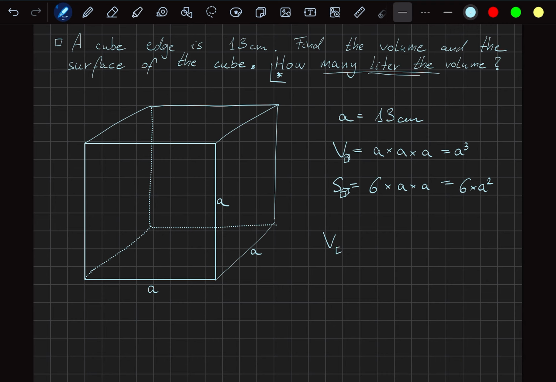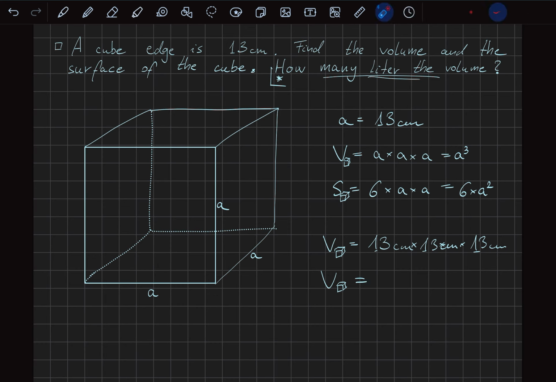So volume of the cube equals 13 centimeters times 13 centimeters times 13 centimeters. I just substitute into the formula, and I will solve this as an equation.